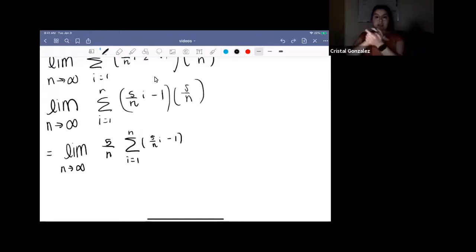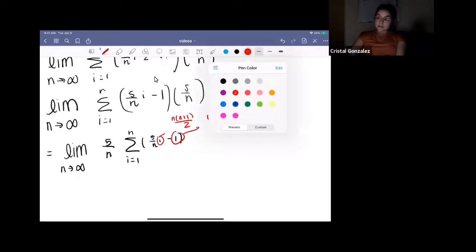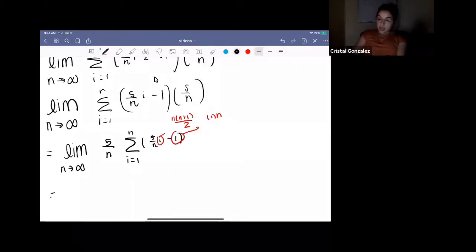And now in the last example, I showed you how to actually do the simplification. So here I'm going to go a little bit faster and just replace this sum of i by n times n plus 1 over 2. And here a constant inside a sum that has nothing to do with the index is just that constant times n. So I'm going to replace this by 1 times n. So then when we evaluate this, we'll get the limit.